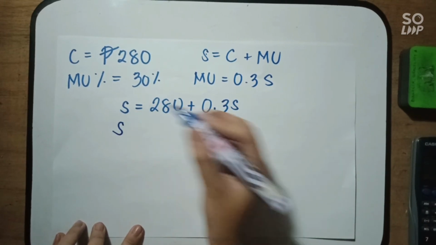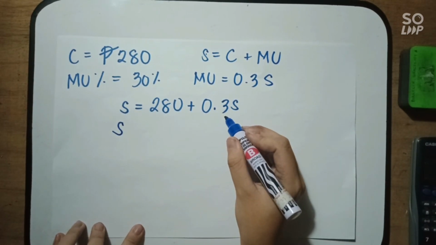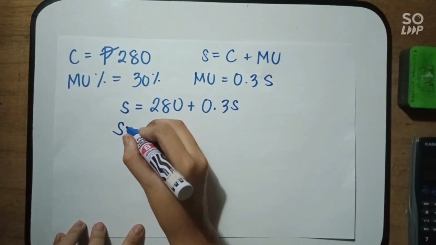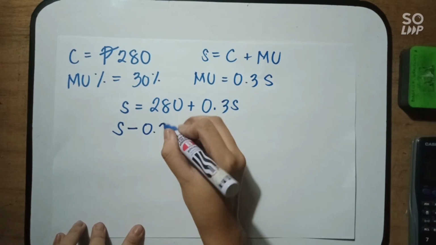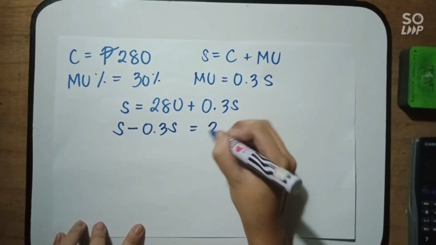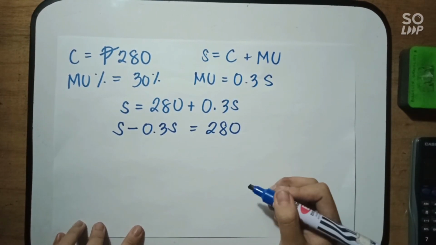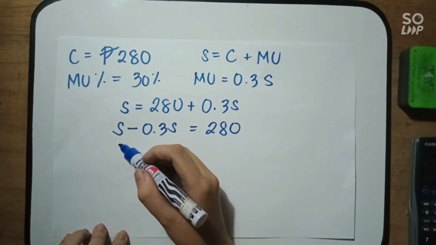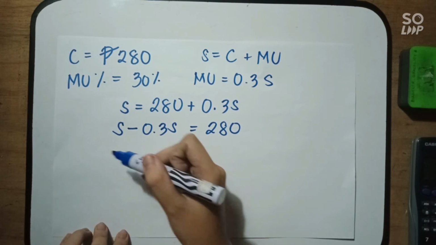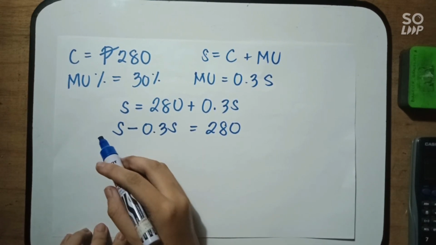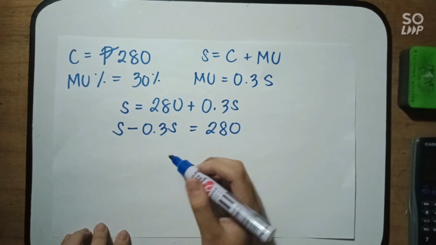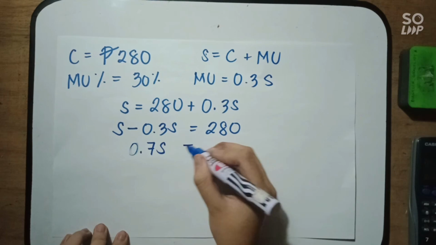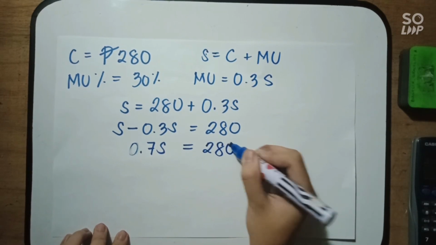So S minus 0.3S is equal to 280. The S here is already considered as having a coefficient of 1. So it only means that 1S minus 0.3S is equal to 0.7S is equal to 280.